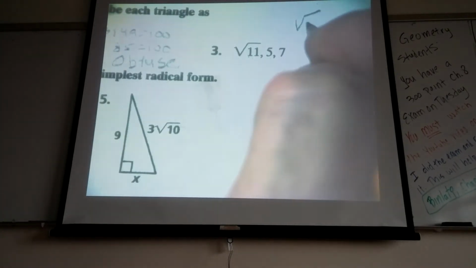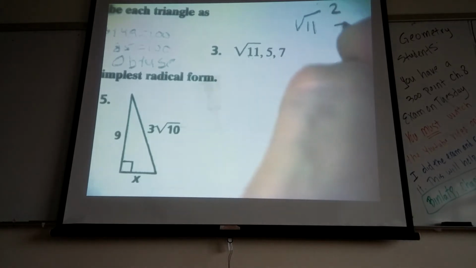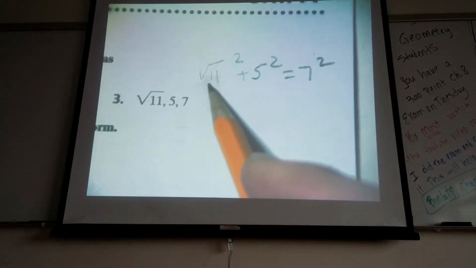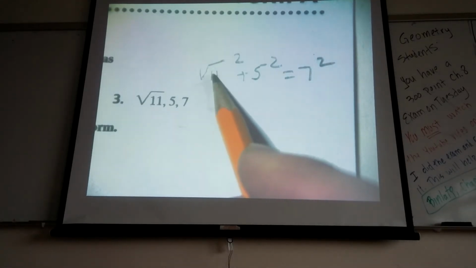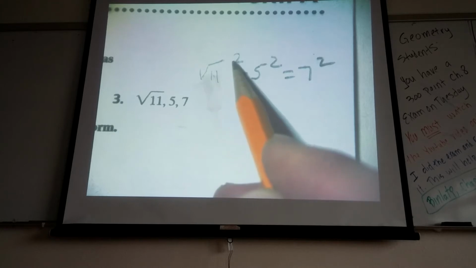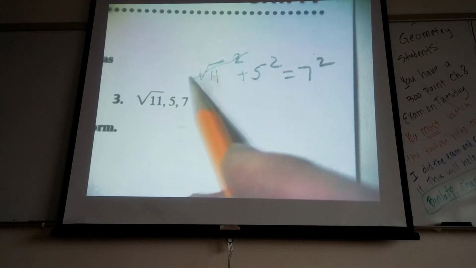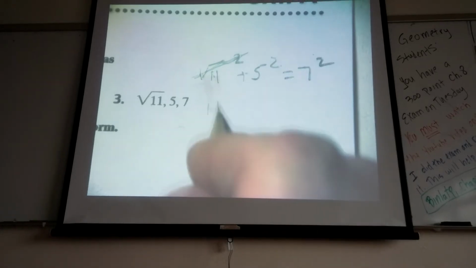Remember, you're going to go A squared plus B squared equals C squared. Well, the square root of 11 multiplied by itself, these cancel. The square and the square root cancel, so I just get 11.